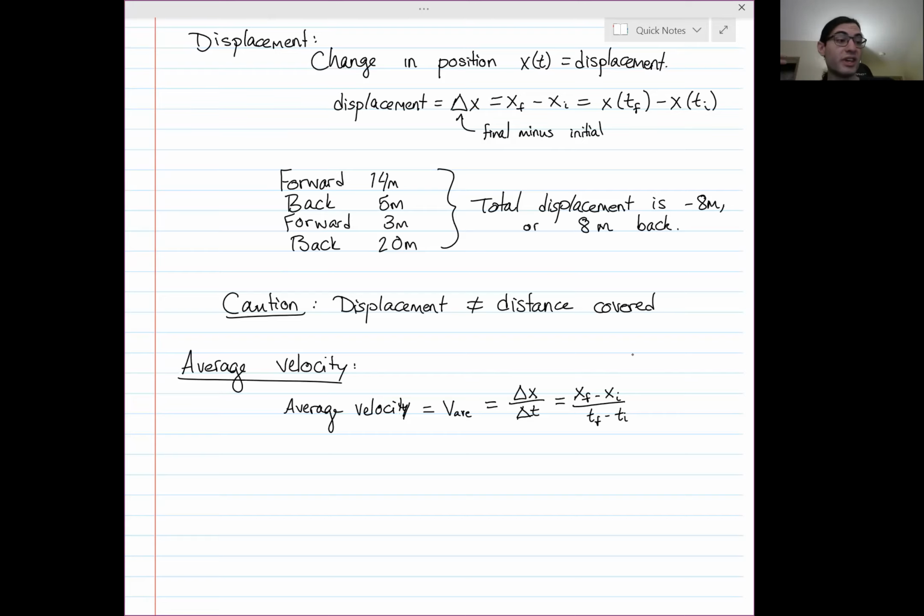So what we say then is it makes perfect sense to divide the vector displacement by a time. You just divide the components by the time, and that does give you the average velocity. So this is just to say that v average is a vector. Even in one dimension, it's a vector. We just simplify the notation by dropping the arrow, but it is a vector, just like displacement is.